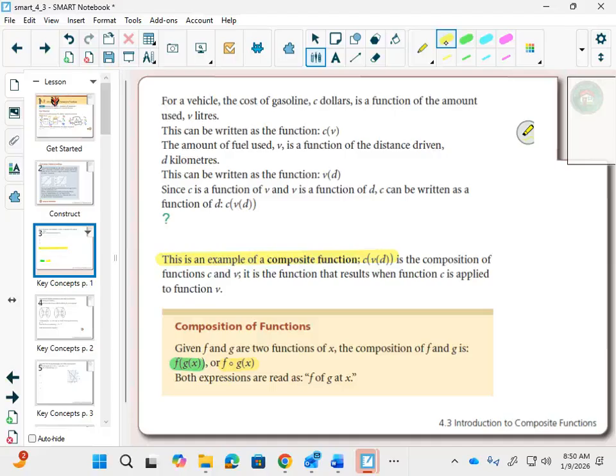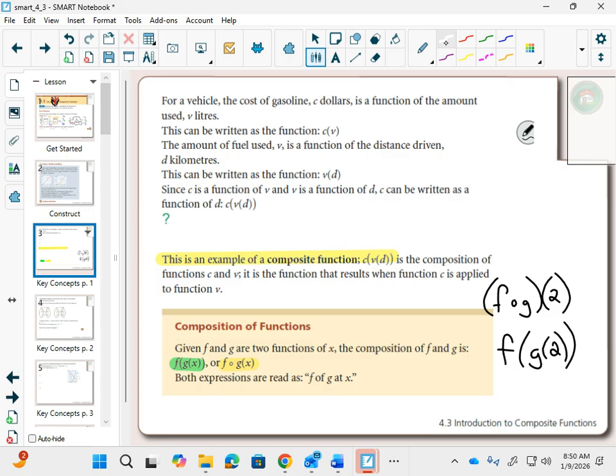So if I have the foggy notation, if someone said, what's f of g of 2, I would change this to write it this way, as f of g of 2.